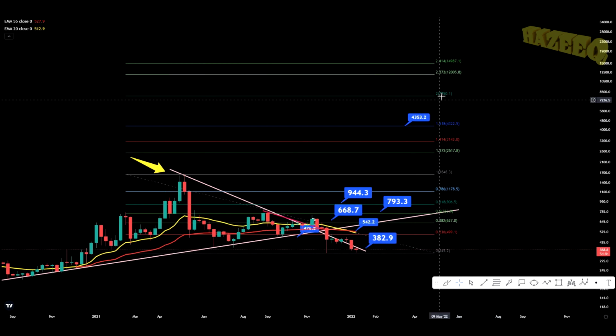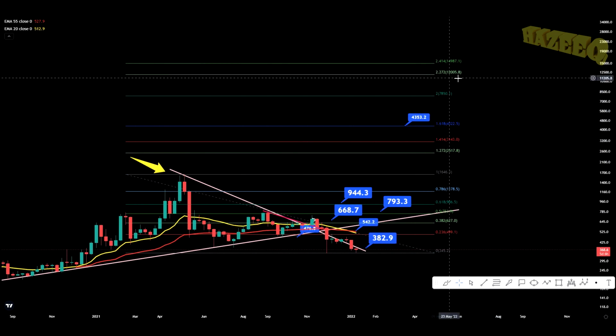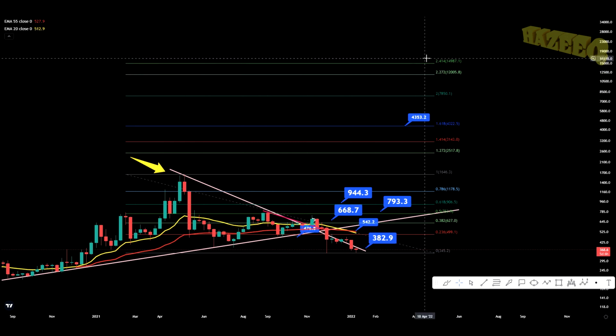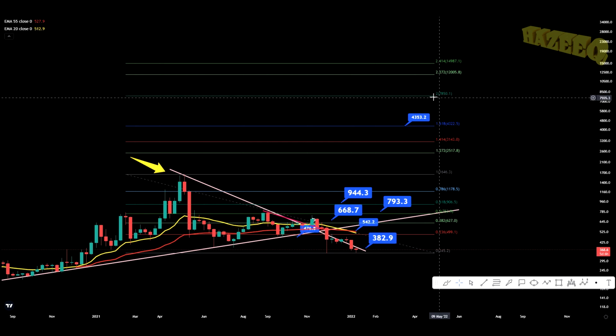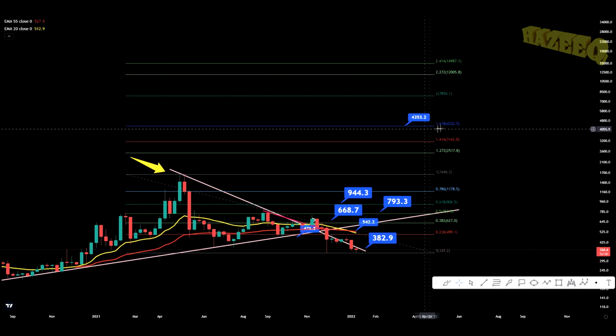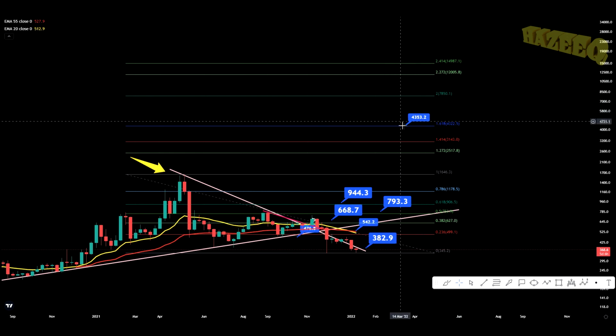And as you can see, if you take a look at the second fib level here and at the 2.272 and at the 2.414, you get your targets at $7,850, $12,000, and $15,000 respectively. And I'm not saying that we're not going to get to those targets. I'm just saying that this $4,300 for Bitcoin Cash is what I'll be targeting.